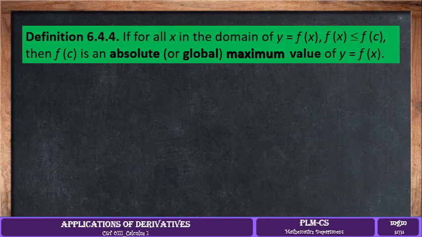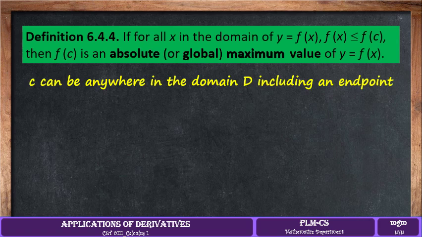By definition 6.4.4, if for all x in the domain, f of x is less than or equal to f of c, then f of c is an absolute or global maximum value of y equals f of x. Note that c can be anywhere in the domain D including an endpoint.